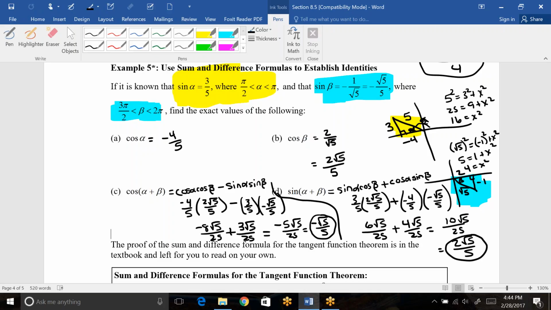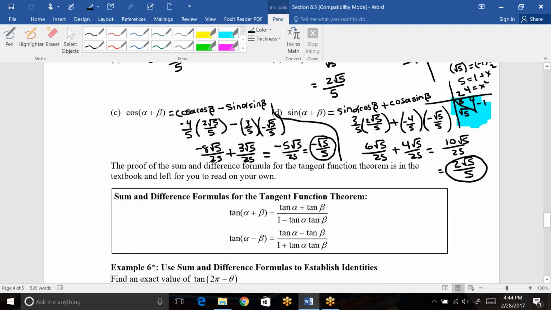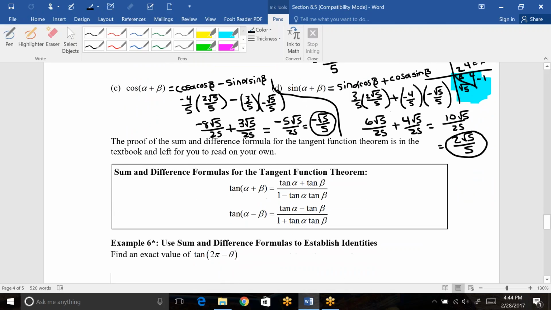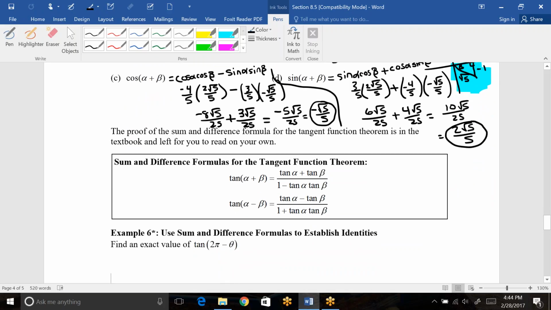Now then we get into how in the world we would deal with tangent, having a sum or a difference. And what happens here is that essentially, I'm not going to show you the whole how they figure out the formula, but I'm going to show you how they start it. Remember, tangent is sine over cosine. So essentially what they do is they write what those two formulas would look like.